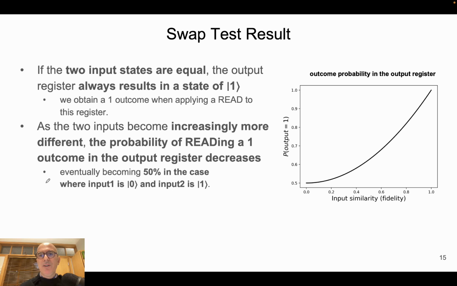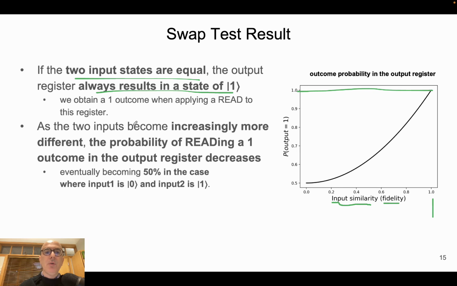So what do we learn by first doing a swap test with identical and then with different states? Well, we learned that if the two input states are equal, the output of the register will always result in state 1. So if we call fidelity the so-called input similarity, if the similarity is 1, that means it is identical, then the probability that we measure 1 will be always 1.